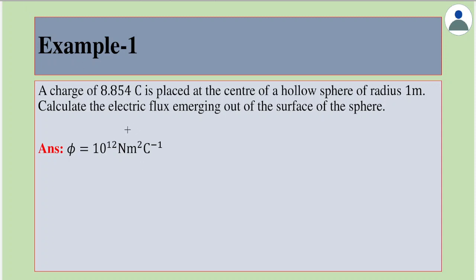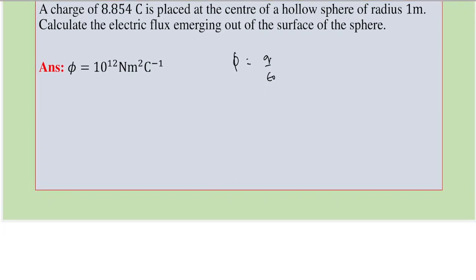Example 1 says a charge of 8.854 coulomb is placed at the center of a hollow sphere of radius 1 meter. Calculate the electric flux emerging out. It is positive because we have a positive charge here. Now we learned in the previous discussion that electric flux by Gauss law is given as Q by epsilon naught.